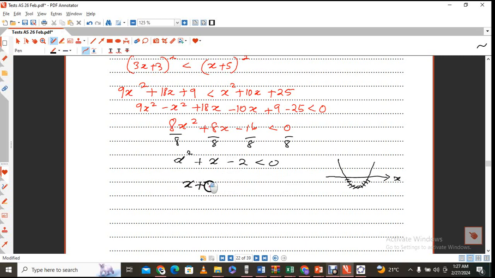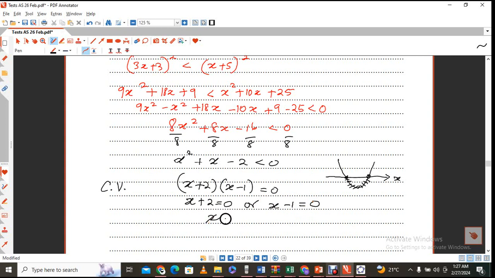It becomes x plus 2 as well as x minus 1. I'm going to let that be equal to 0, because I want to find the critical values, which are the values I'm going to have here and here. But remember, they will not be included in the solution. So x plus 2 is equal to 0, or x minus 1 is equal to 0.